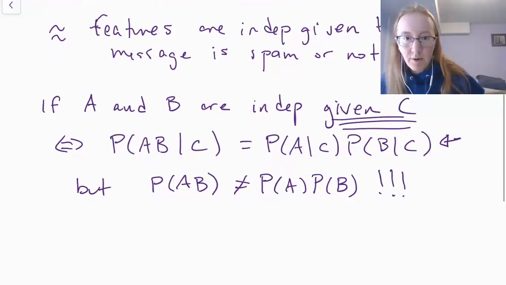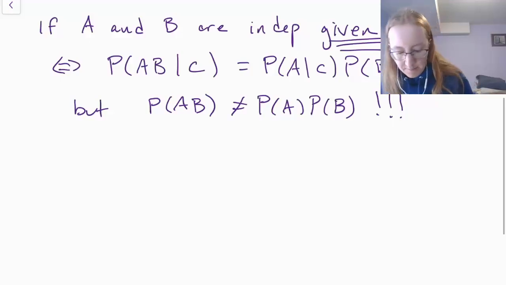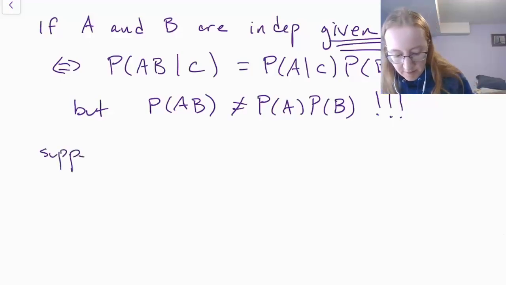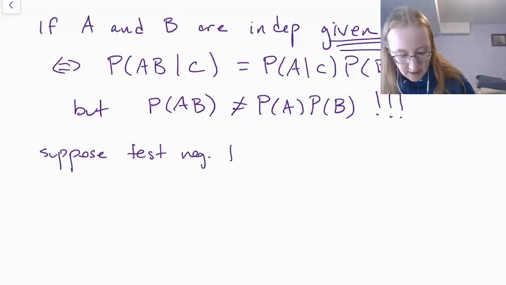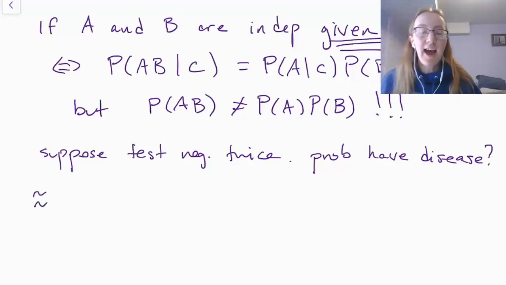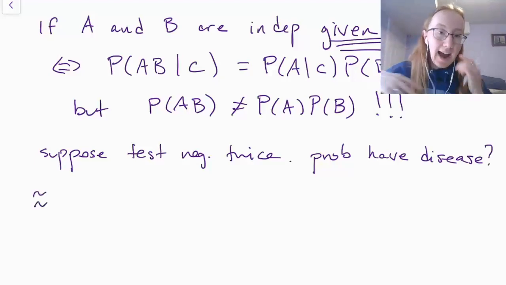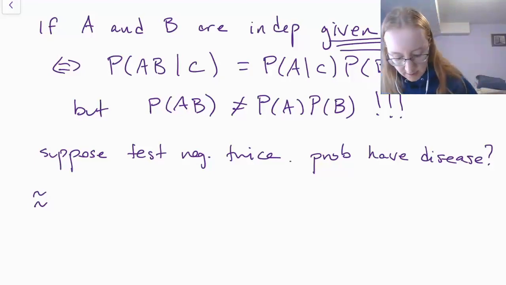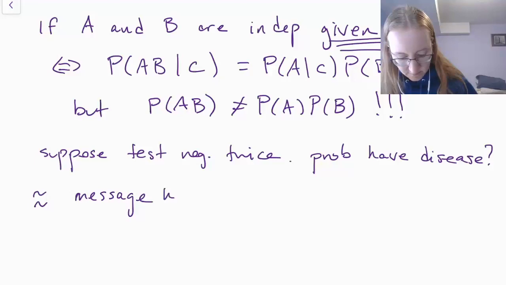So I'm gonna scroll down here again. Suppose they test negative twice, and then we want the probability that they have the disease. That is the exact same question as suppose that the message had all of those features of a spam message.